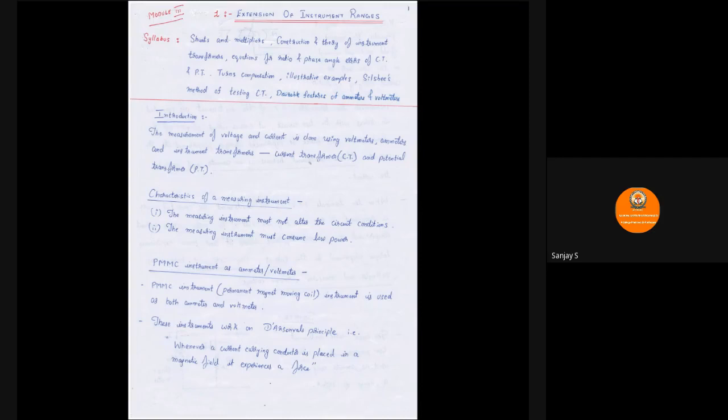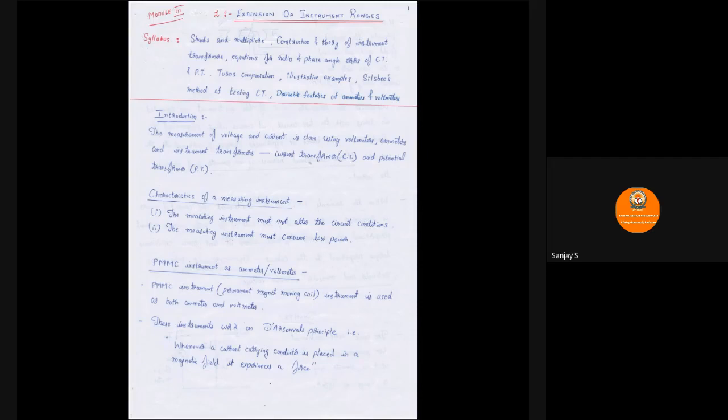Next, we see an instrument called the PMMC instrument, permanent magnet moving coil instrument. This PMMC instrument basically can behave as both an ammeter and a voltmeter. So the same instrument can be used as both ammeter as well as voltmeter depending upon the way the terminals are connected in the circuit.